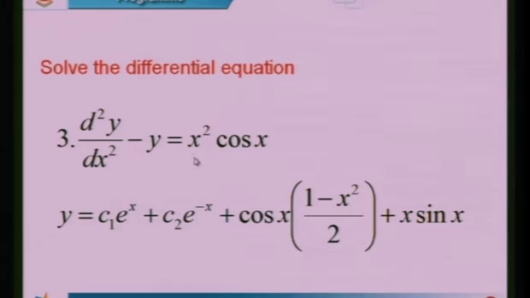Here what is the difference? We got only x square. This cos x already we have done in the previous question itself, cos x e power ix. Same way you can work. Division process will consist of x square. This is the solution, you are going to get it.